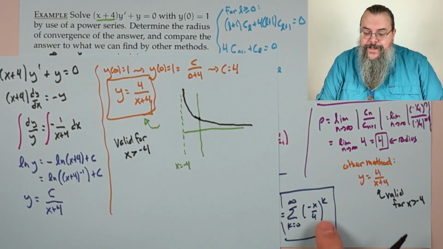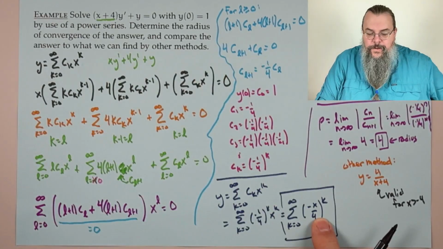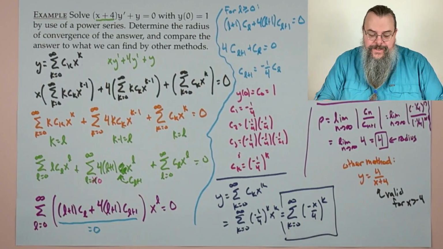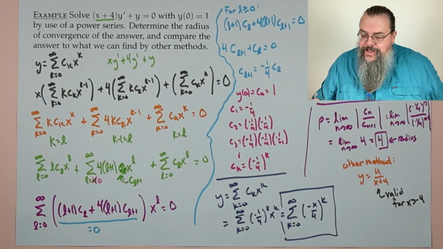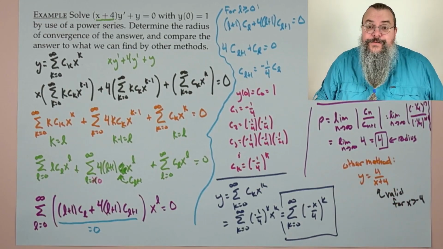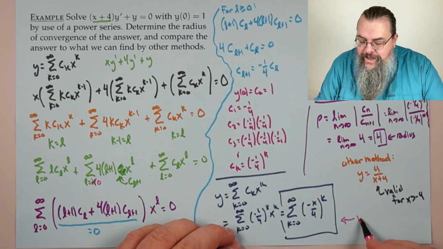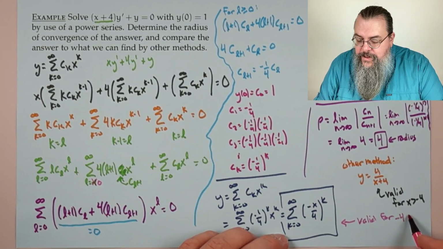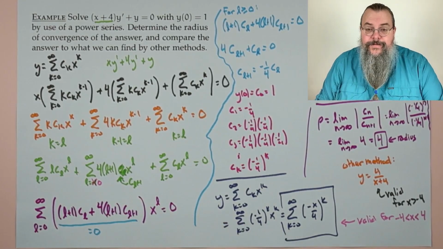Now, let's come back to this one. We talked about the radius of convergence. What does the radius of convergence tell us? It tells us that as long as we're within 4, this solution here is valid for negative 4 less than x less than positive 4.